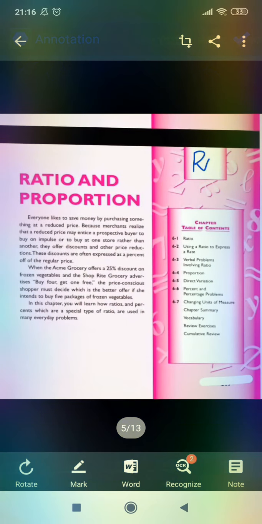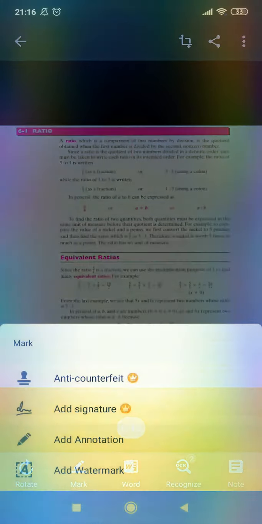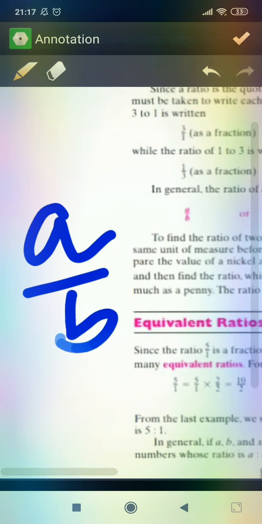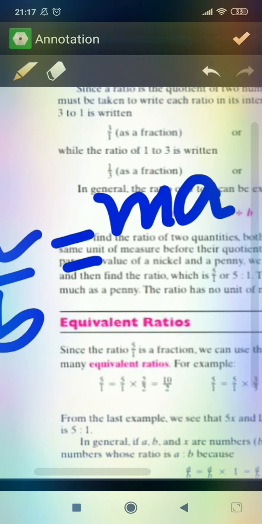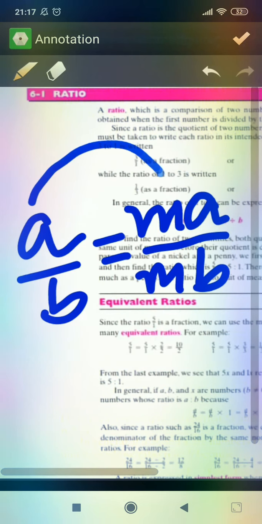And next, terms of a ratio and properties of a ratio. Suppose there are two ratios, A by B is equivalent to (A times m) by (B times m), where m is a non-zero rational number. These two are interrelated.